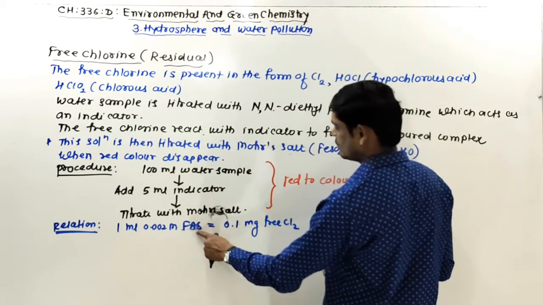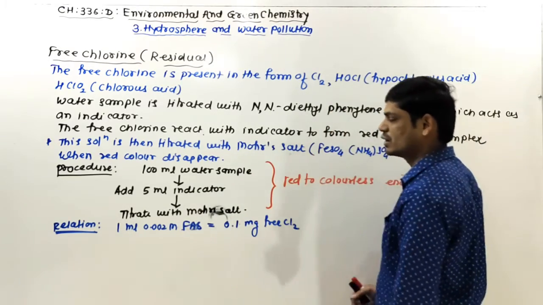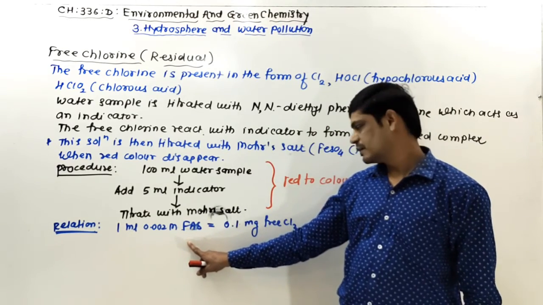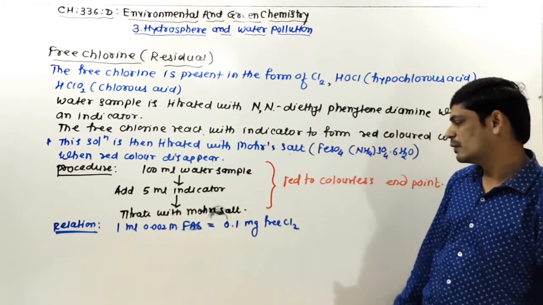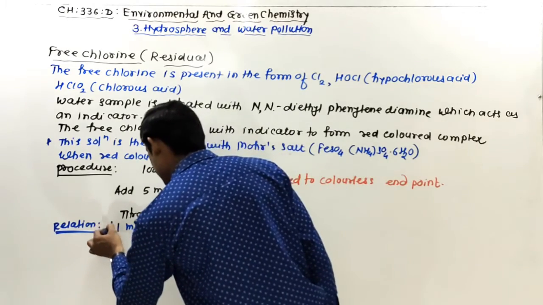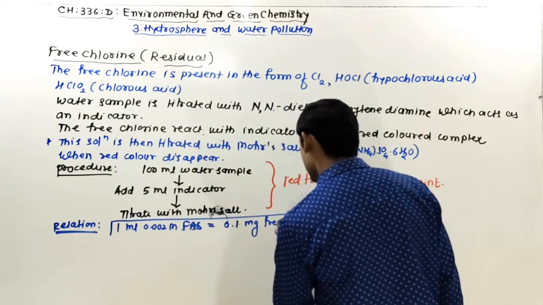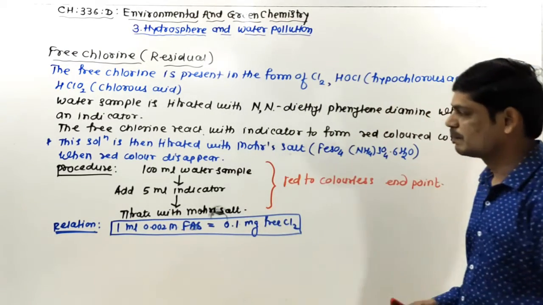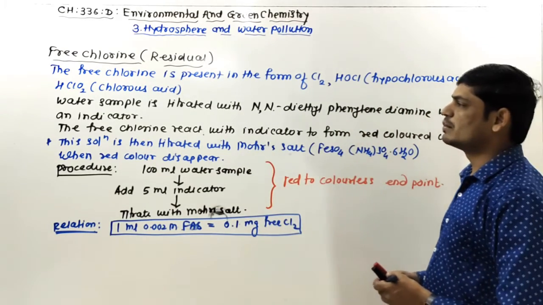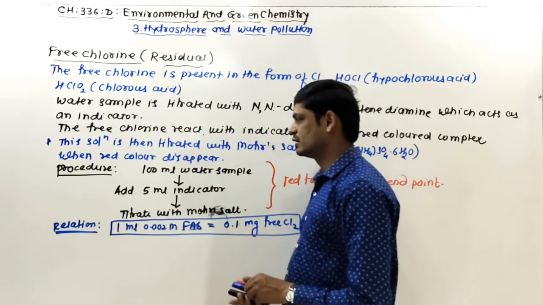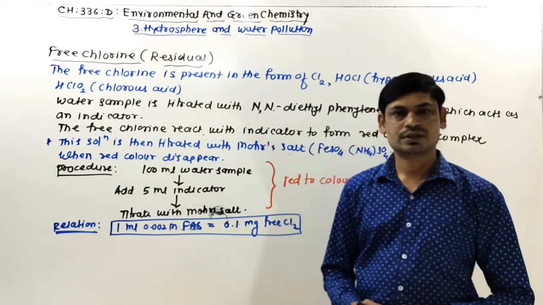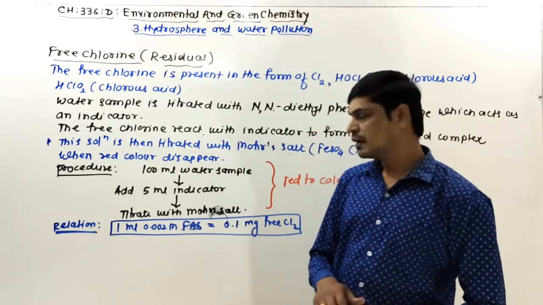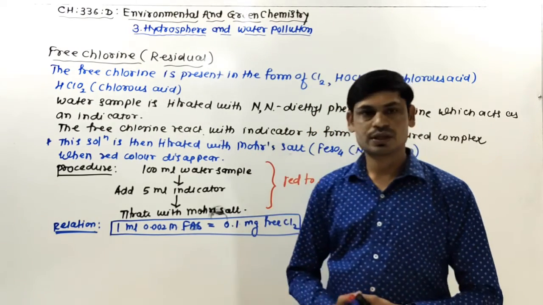FAS means ferrous ammonium sulfate, that is Mohr's salt. So 1 ml of 0.002 molar ferrous ammonium sulfate will contain 0.1 milligram of free chlorine. By using this relation, we can estimate the free chlorine present in the water sample. So it was an account of the first method, the titrimetric method.